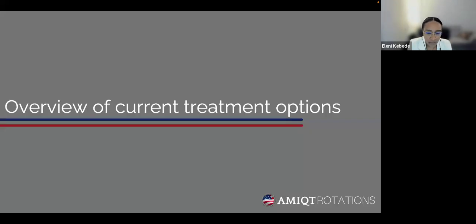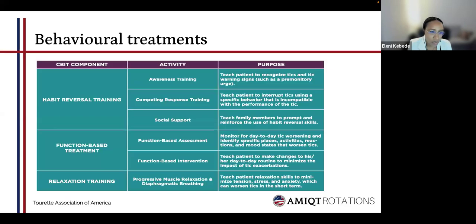Okay, so we can discuss all the treatment options that we have today. So behavioral treatment is initial treatment option. Comprehensive behavioral intervention for tics, or CBIT, is the most famous one and most studied one.